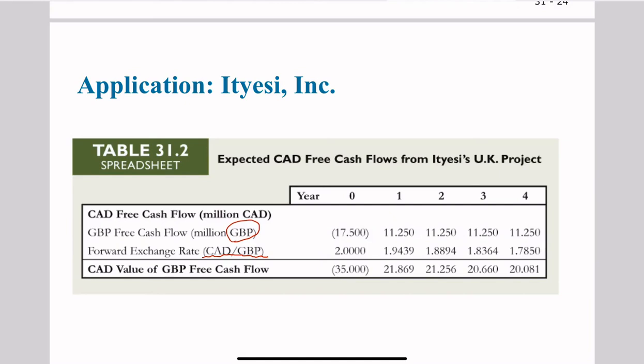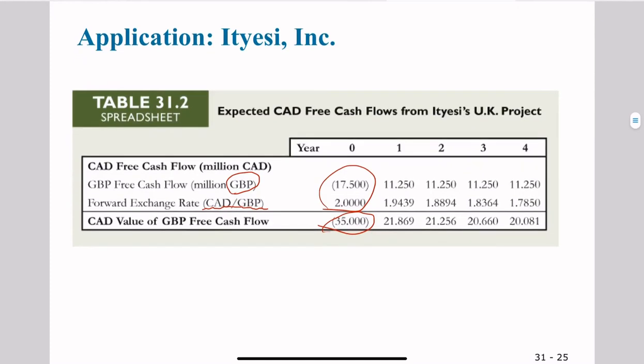So that's why, let's say for this date, after the conversion, the free cash flow in Canadian dollars would be $35 million. Okay, so that's the first step in the WACC method: find out the free cash flow.